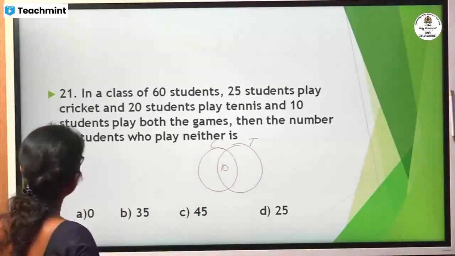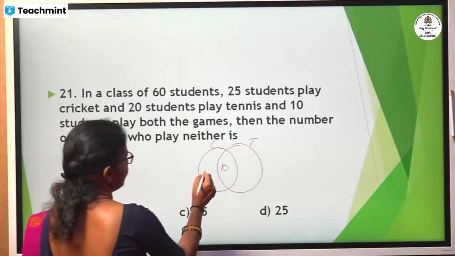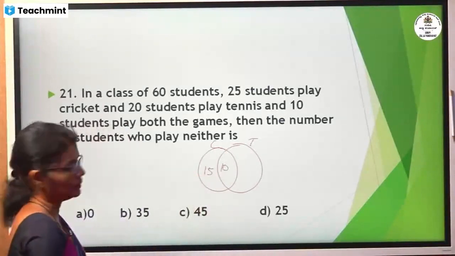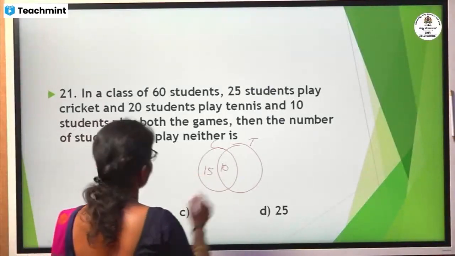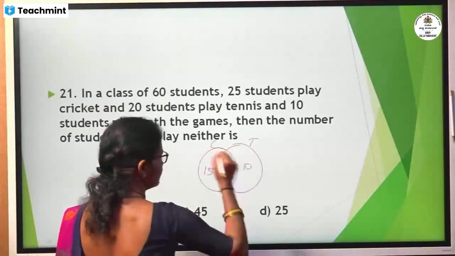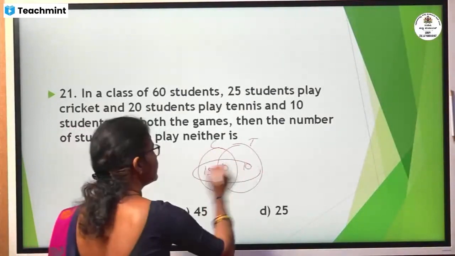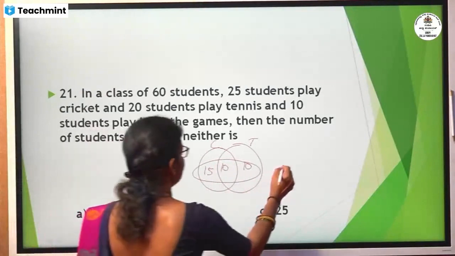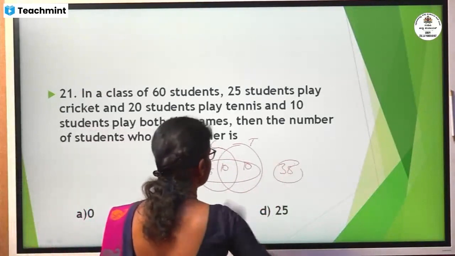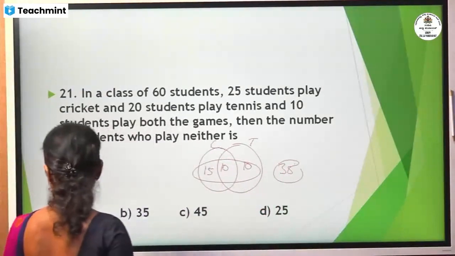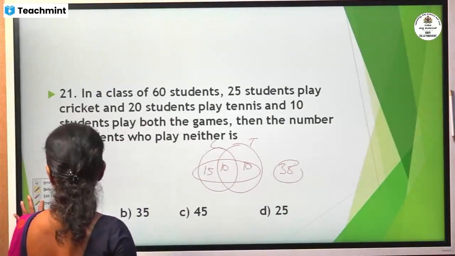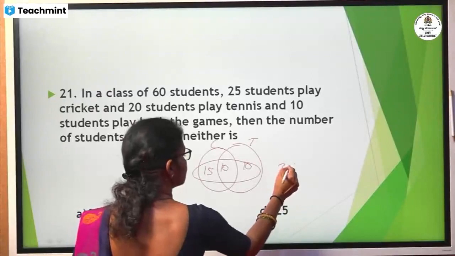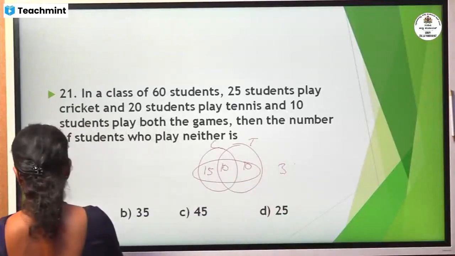Then students with cricket, that is 25. You have 10 already, so this is 15. Next for tennis, it is 20. You have 10 already, so this is 10. If you take the sum, 15 plus 10 plus 10, that is 35. That is the union, okay?